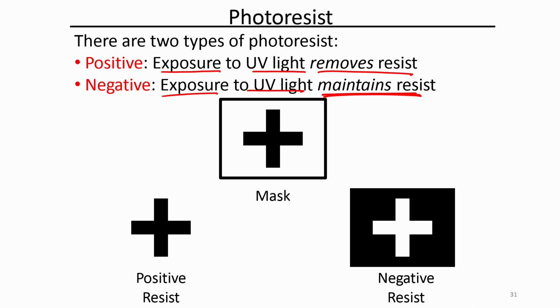So, this is a case that if you have a mask, then if I use positive photoresist, I will obtain this pattern. If I use negative photoresist, I will obtain this particular fashion if I use the mask which is shown in schematic here.